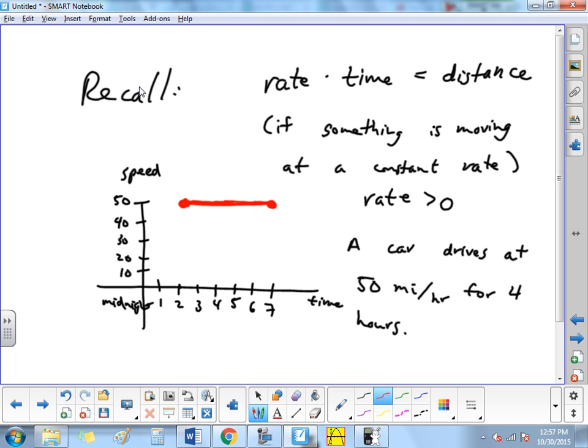Do you see a 200 in this picture? We know that 50 times 4 gives us distance. Even the units alone give it away, right? 50 miles per hour times 4 hours. The hours cancel, we get 200 miles. But where is the 200 miles in the picture?